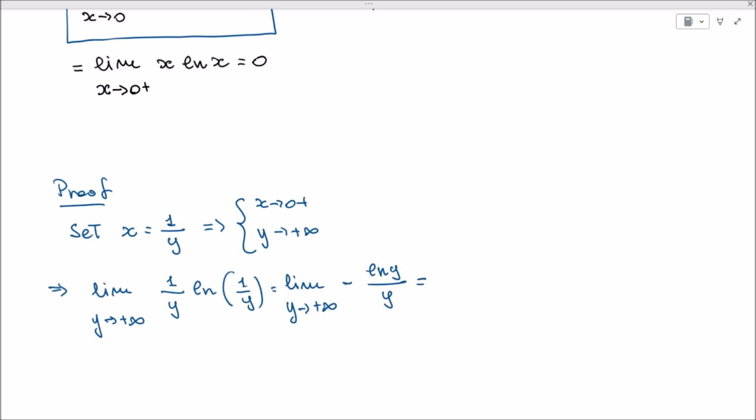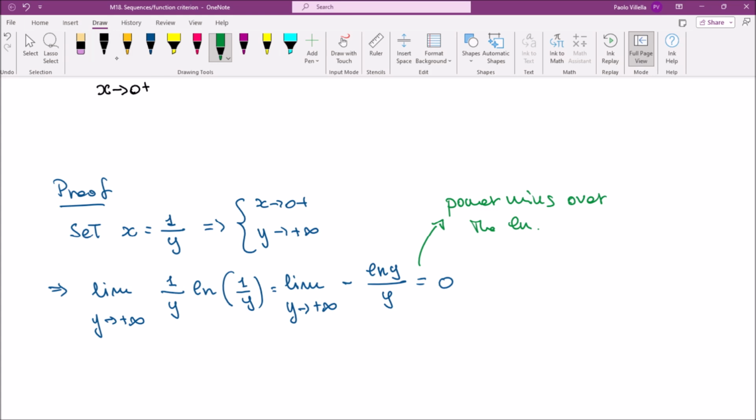And we know that this is 0 just because the power wins over the logarithm. We already know this, we proved this. So this concludes the proof.